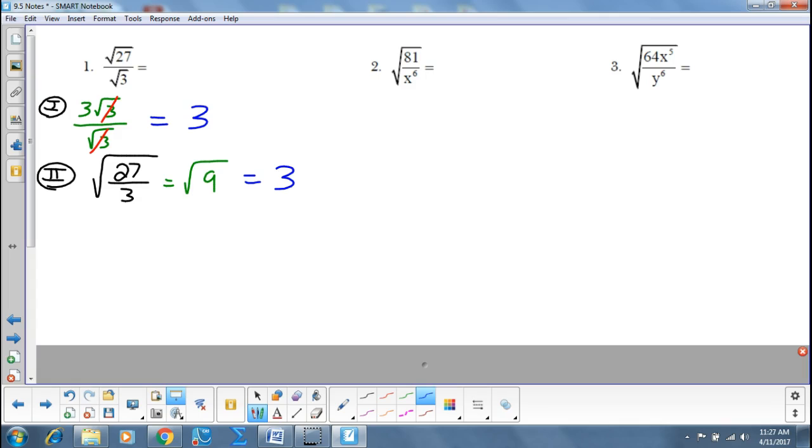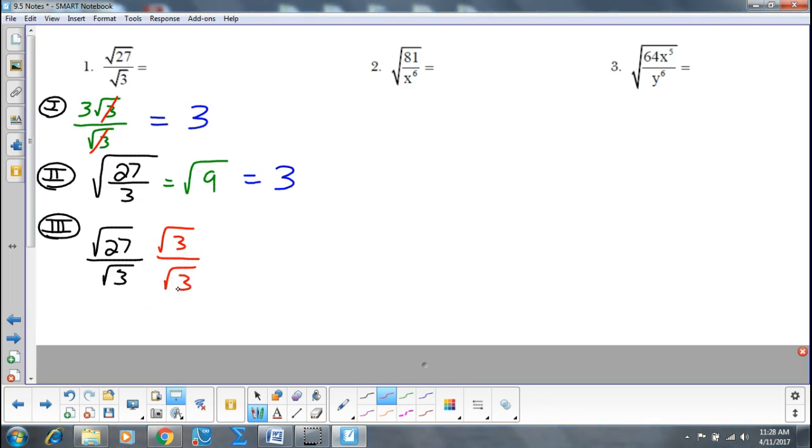Another way we could do it is we could say, well, this is the square root of 27 divided by the square root of 3, and we could multiply the numerator by the square root of 3 and the denominator by the square root of 3. What's that red fraction equal to? 1. That red fraction is equal to 1. So I can do that. I can multiply by 1.